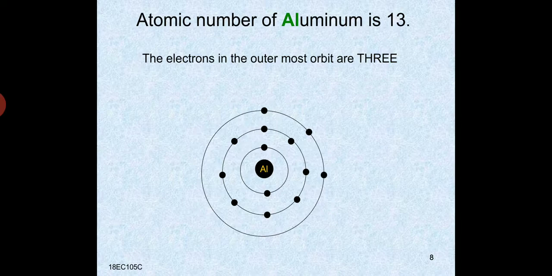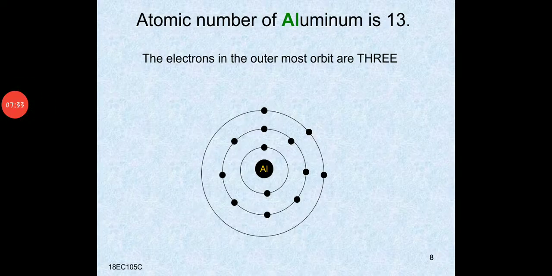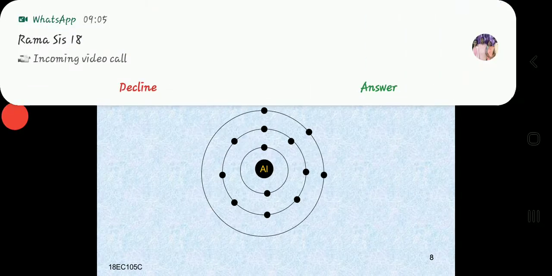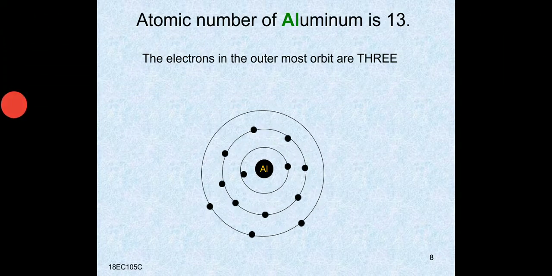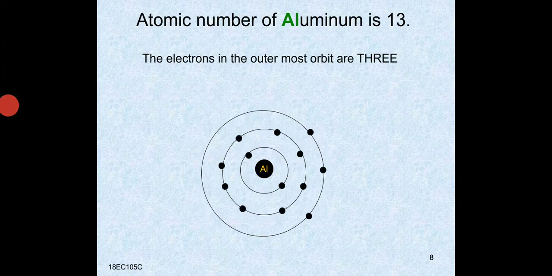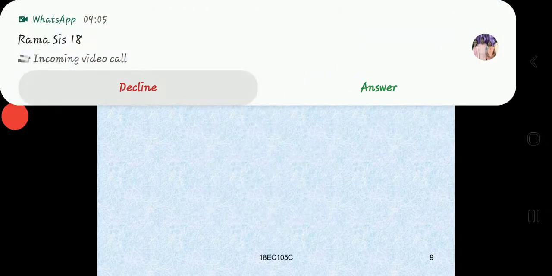You can see the structure of aluminum here. It has 3 electrons, as you can see, 1, 2 and 3. This is what the structure is, and it is going to work as you can see. We should remember that they have only 3 electrons in the outermost orbit.